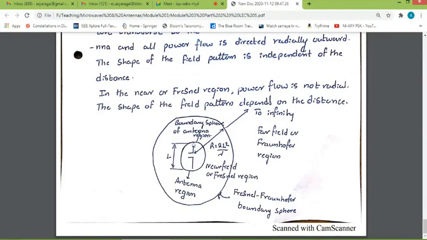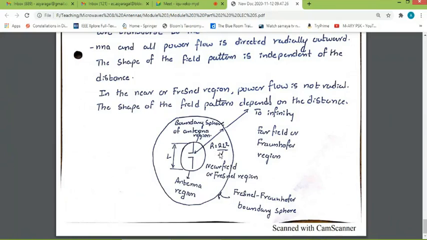This is the length of the antenna, represented by capital L. Around this length of the antenna there is an antenna region, and there is a boundary sphere of the antenna region, called the Fresnel Fraunhofer boundary sphere. This outer circle boundary is called the Fresnel Fraunhofer boundary sphere.